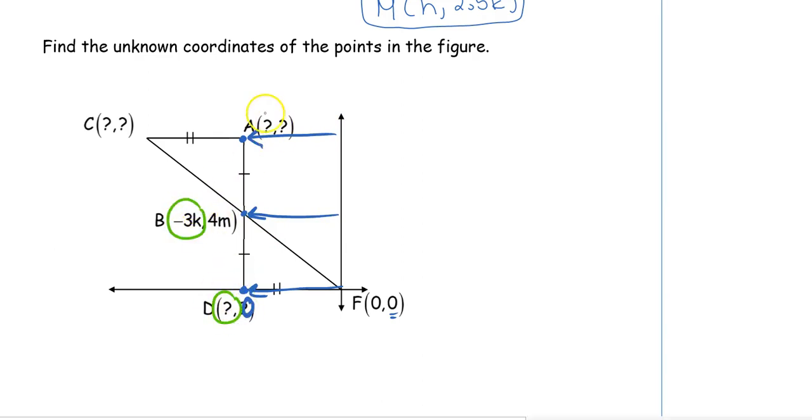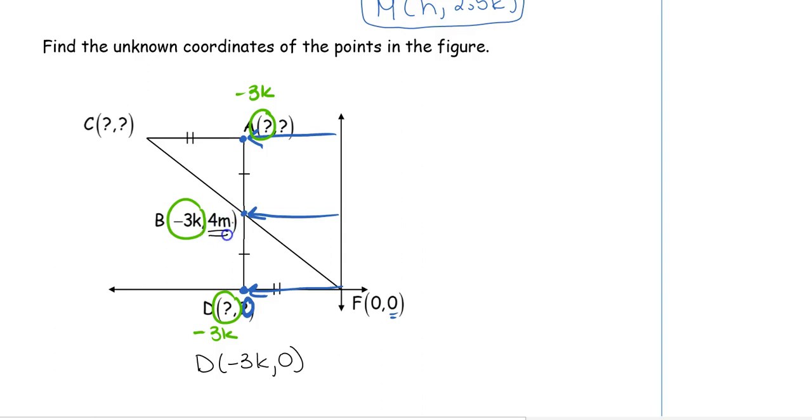This x value, this x value, and this x value must be exactly the same because they're the same distance left, which means this is a negative 3k because this was a negative 3k and this is a negative 3k. All of those points are going to have the exact same x value, again, because they're the same distance left. Now they have different y values, so we found our first point here, D is at (-3k, 0).